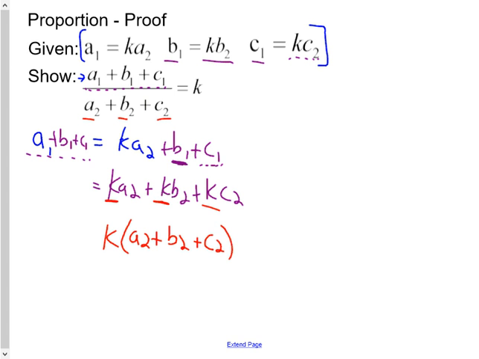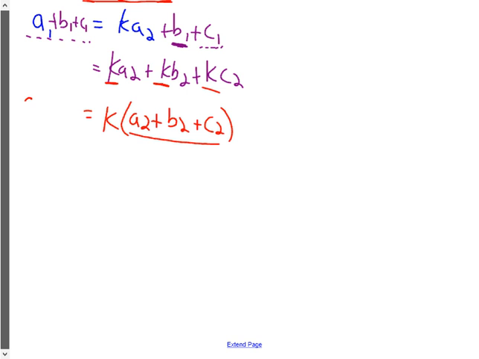And now that we have that matching, I'm bringing back the left side, A1, B1, C1. And when I divide by the parentheses on both sides, we get A1 plus B1 plus C1 over A2 plus B2 plus C2 equals K.